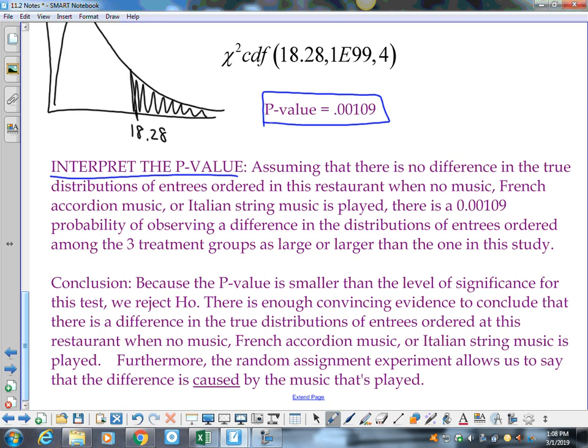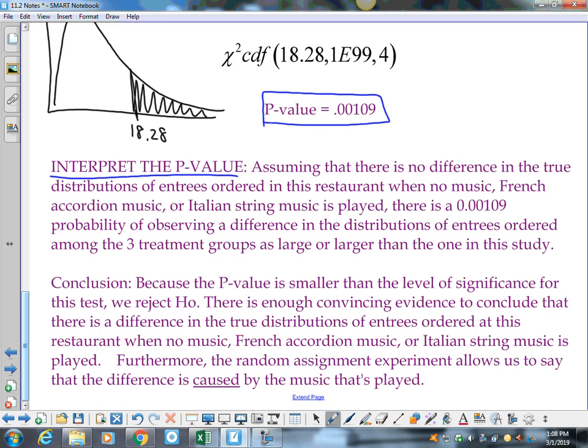Interpreting the p-value. Assuming that there is no difference in the true distribution of entrees ordered in this restaurant when no music, French accordion music, or Italian string music is played. What did I just state?